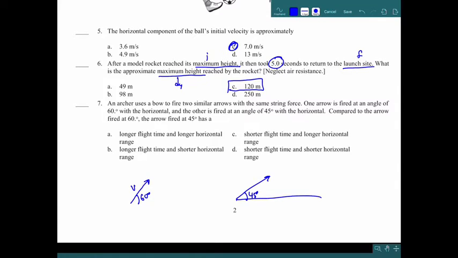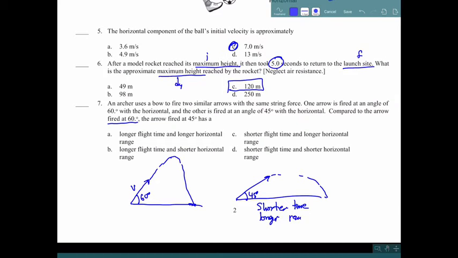Okay, now there are some things we should realize. 45 degrees will have the longest range, so that will go farther. But if we're shooting higher up, like the 60 degrees, that's going to take a longer time to fly. So compared to the arrow with 60 degrees, this is a shorter time, but a longer range.